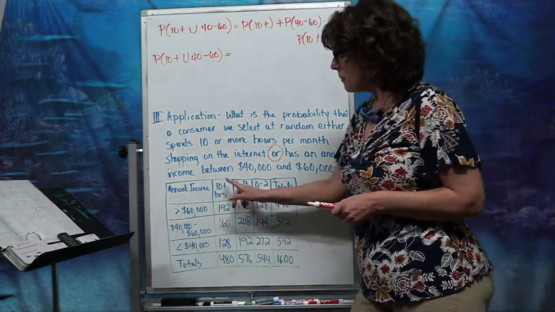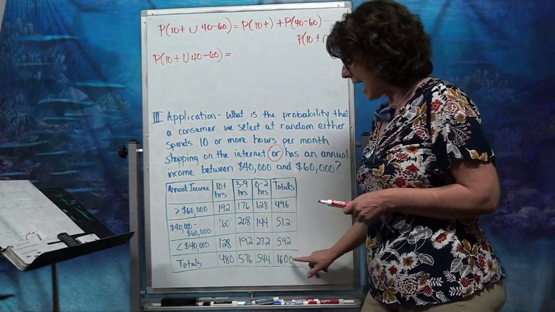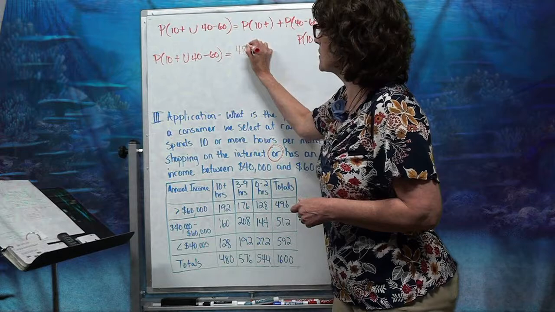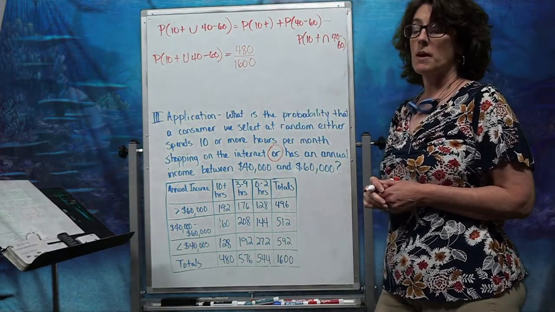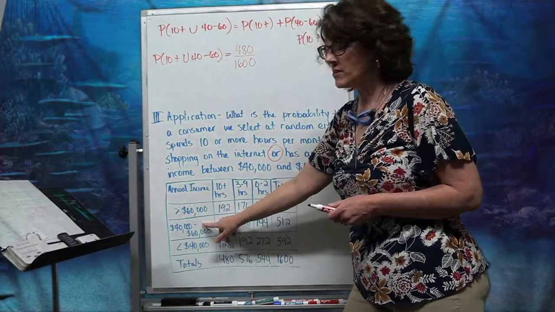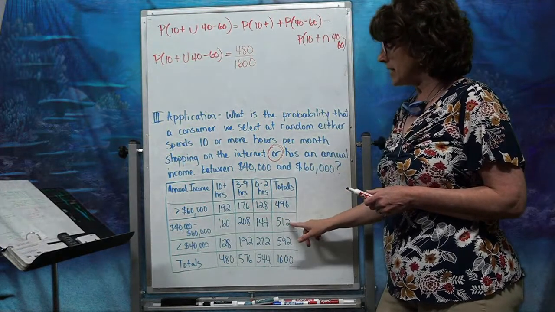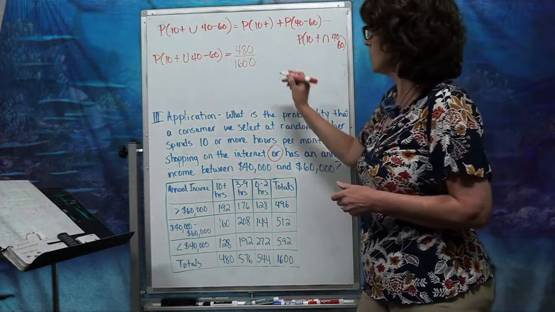So when I look at the probability that I've got people who shop 10 or more hours, it's 480 people out of 1,600 people. That's the probability of selecting someone who shops 10 or more hours. Now the probability of selecting someone who has an income between $40,000 and $60,000, there's all of them, but that's 512 people out of my total of 1,600 people.